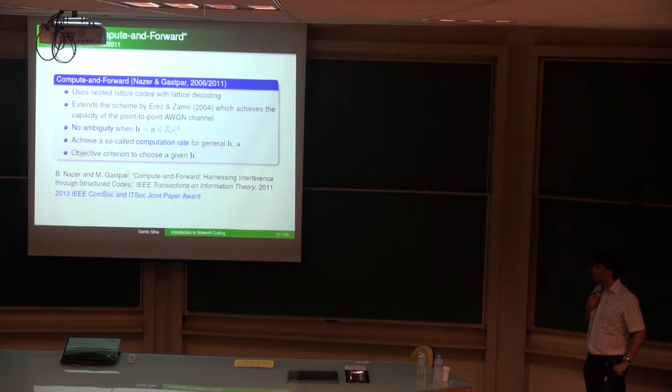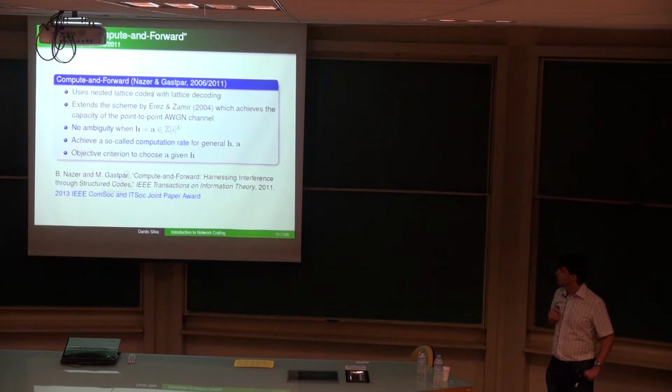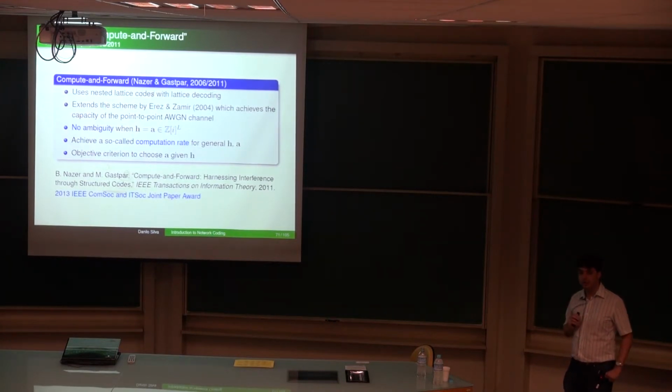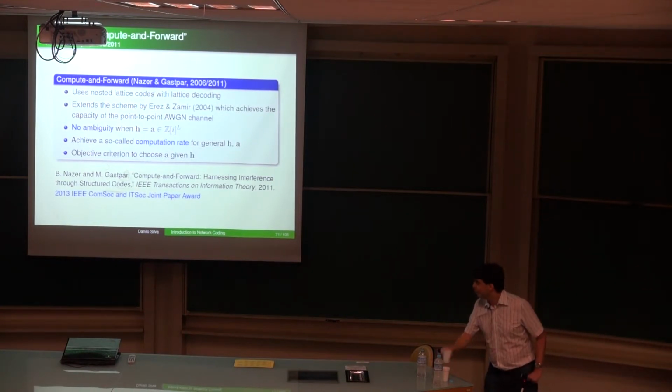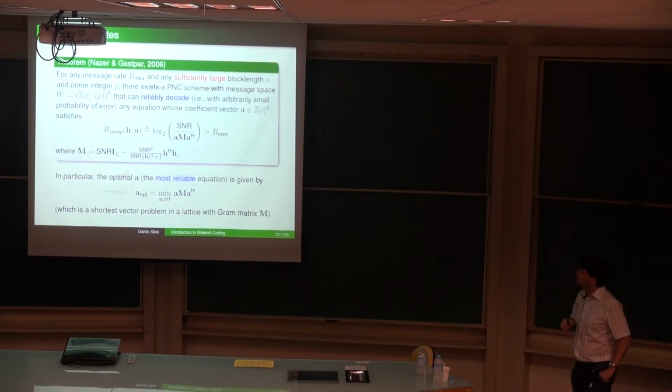When the channel gains are not integers, they can achieve a so-called computation rate in general. And they also give us a very clear criterion to choose the linear combination coefficients given the channel gains. They deservedly won the ComSoc IT-Soc Joint Paper Award for that contribution.